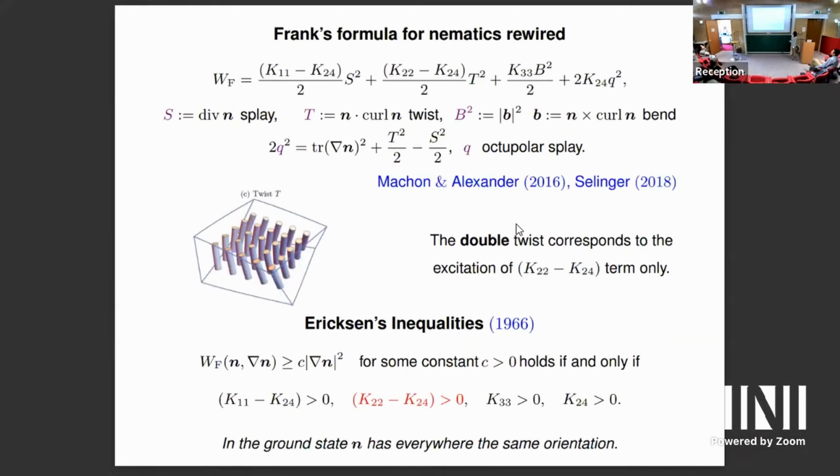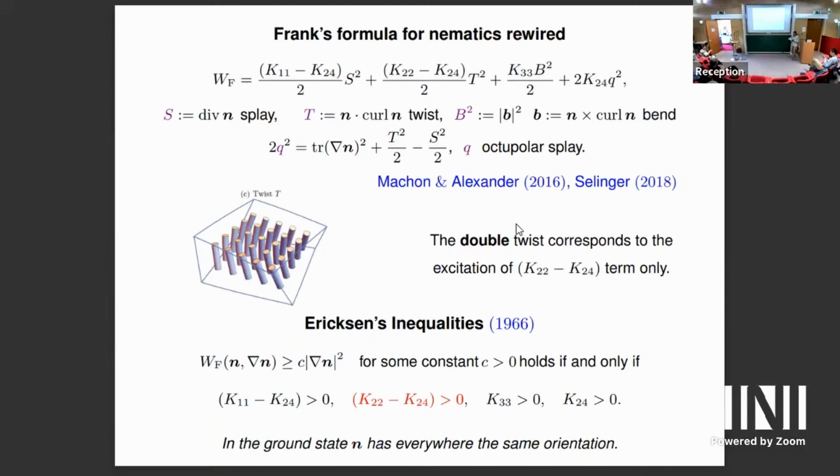And the Ericksen's inequalities ensure that the Frank free energy is positive definite and vanishes on a natural state for which the gradient is 0. And so the Frank theory for nematics is based on the assumption that in the ground state, the nematic director has everywhere the same orientation.